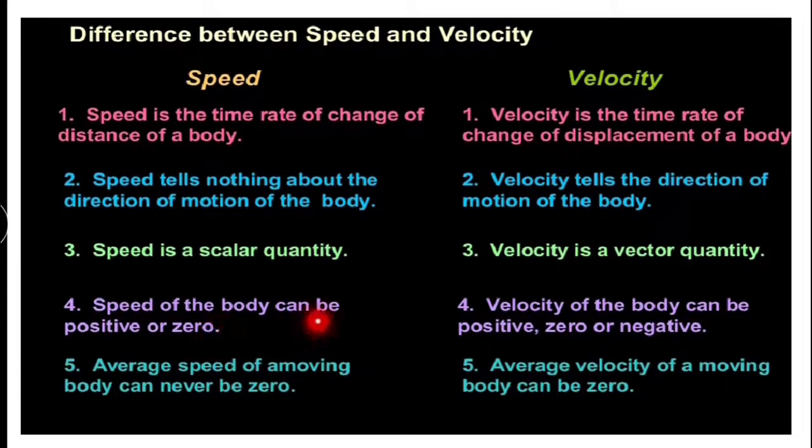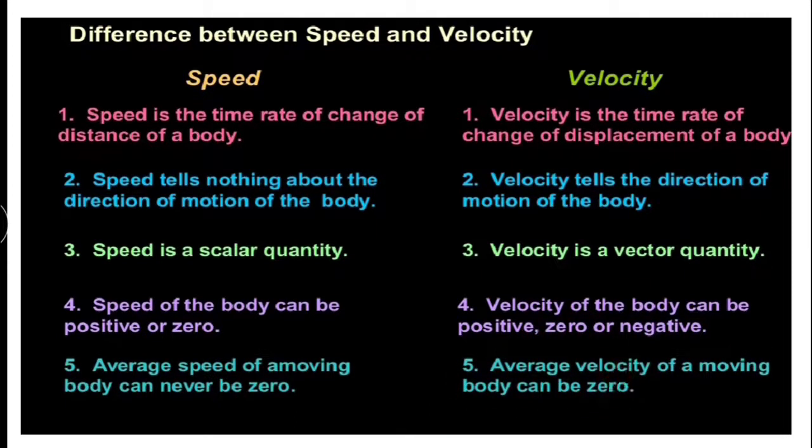Speed of the body can be positive or zero. We know that speed is never negative. Velocity of the body can be positive, zero or negative because it depends on displacement, which can be either positive, zero or negative. Again, average speed of a moving body can never be zero, but average velocity of a moving body can be zero.